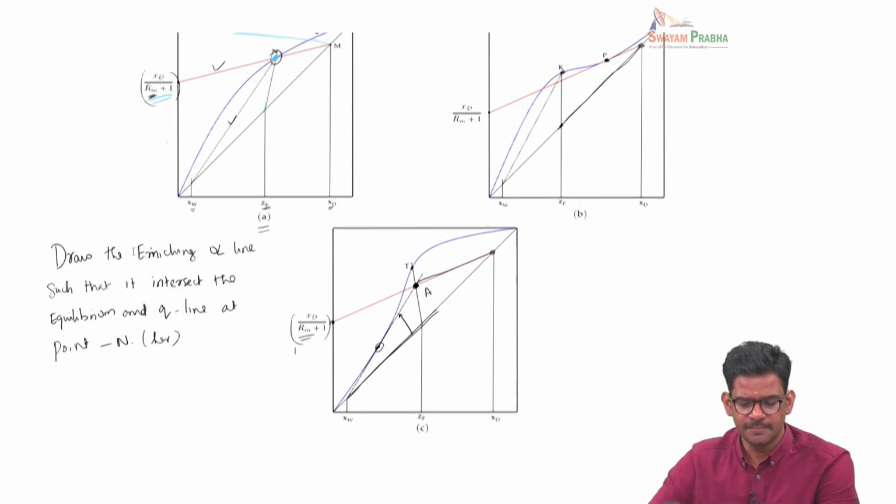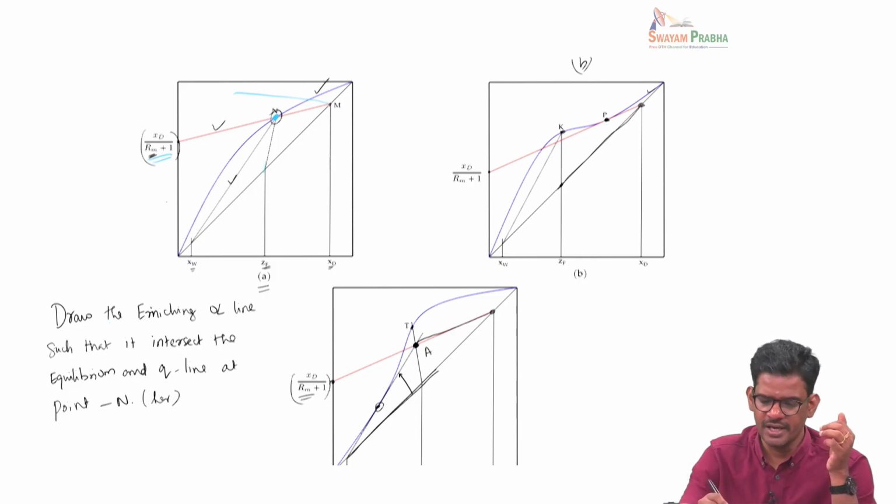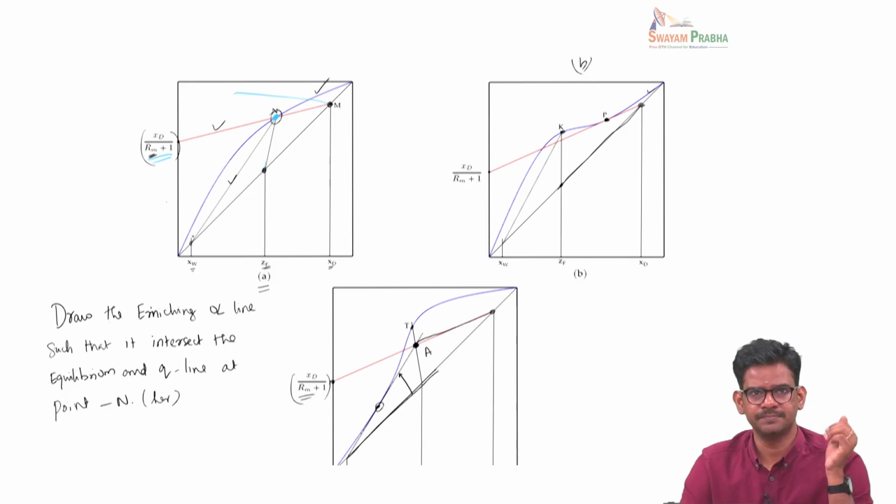So to summarize, obtaining the minimum reflux ratio means drawing the operating line with the smallest slope possible so that it touches the equilibrium line. For a regular equilibrium line like this, where alpha is nearly constant, it is a straightforward process. All we need to do is locate XD, locate XF and then draw the Q line, and then we locate XW.